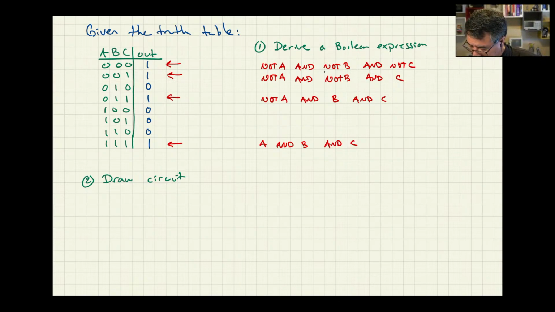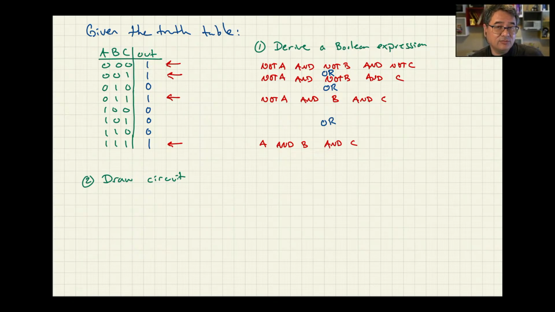And finally, just connect these all together with ORs. So you end up with this big, long expression, but it works. So the output of the circuit is a 1 when the first expression is true, or the second expression is true, or the third one is true, or the fourth one is true.